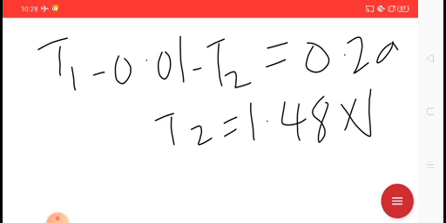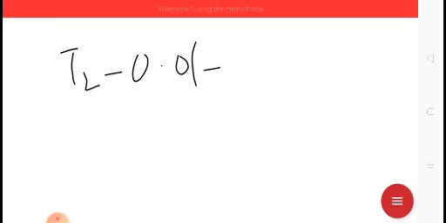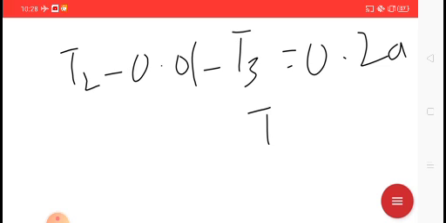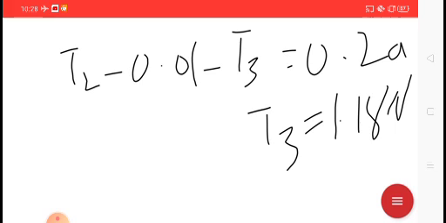You can see that T2 actually increased. For the third coupling, T2 minus 0.01 minus T3 is equal to 0.2a. So T3 is equal to 1.18 Newton. T3 also increased.